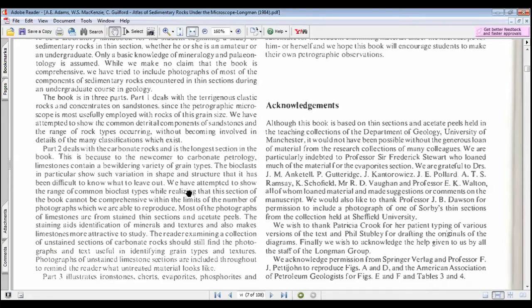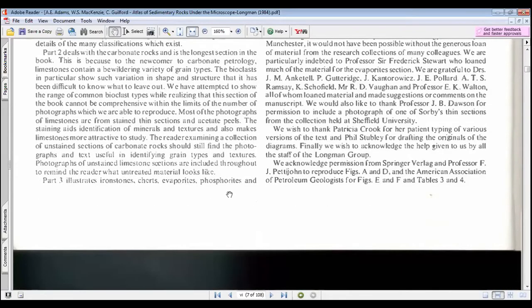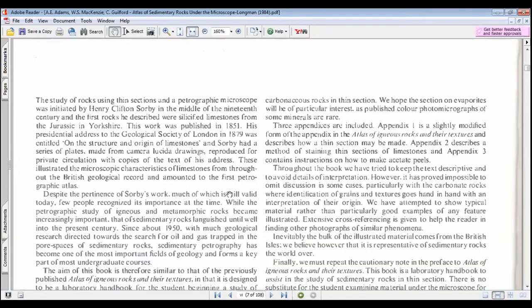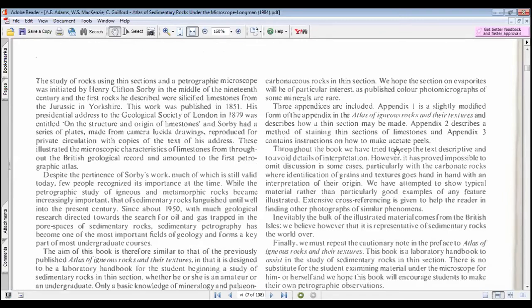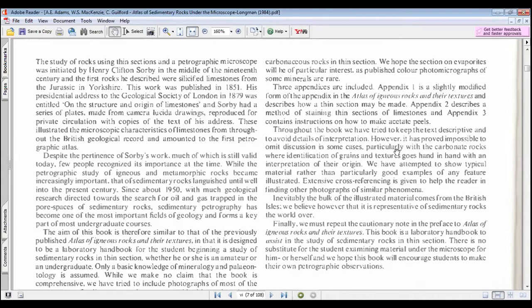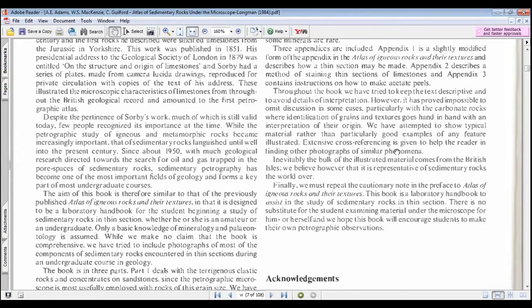It describes all the possible types of carbonate grains, because carbonate grains are very heterogeneous, and a variety of types are possible. Then part three deals with ironstones, cherts, evaporites, phosphorites, and carbonaceous rocks in thin section. Overall, this book will guide you to understand the different rock types, especially the sedimentary rock types.